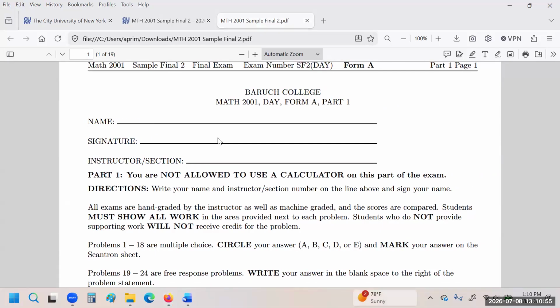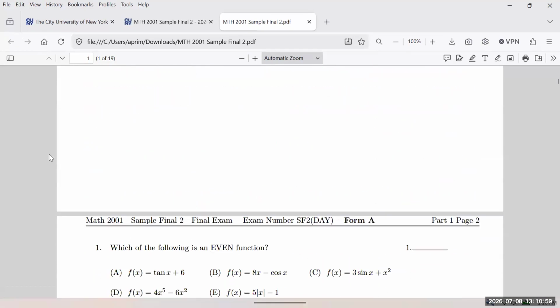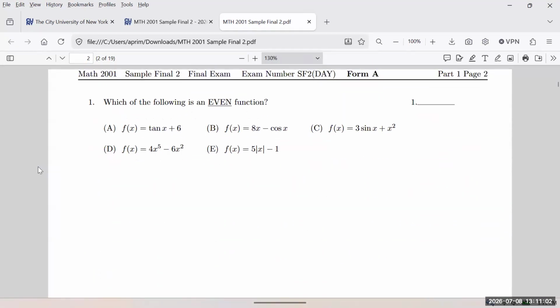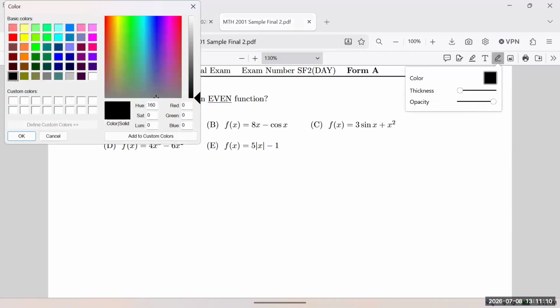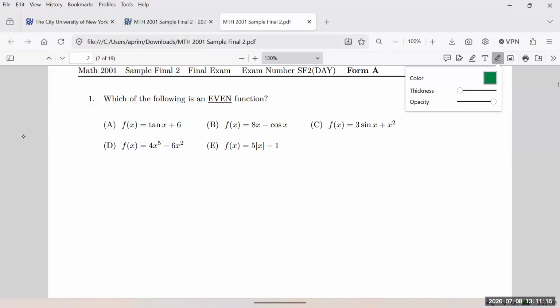Okay, let's see. Yeah, let's see how much you can do. Even function. Let me change the color to green. Even function. What is tangent? Odd. So definitely not this one. What is cosine?